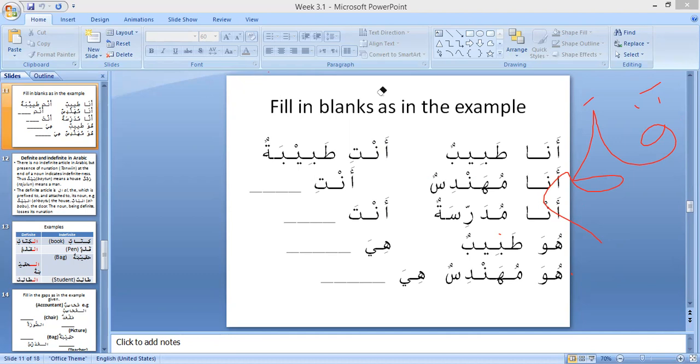Qalaman. You are very correct. So the dual is qalaman. You add a and na. The plural is aqlam. So these are pens. Why can't we say kalamatun? Well, it is the Arabs that said this one should be there.